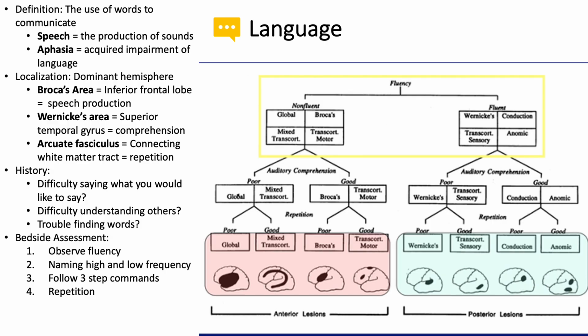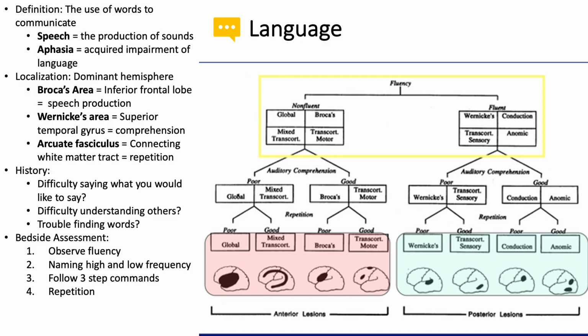Language is an important cognitive domain, not just for things like dementia, but in many other neurologic conditions such as stroke. So most of us, whether you're left-handed or right-handed, our language and speech centers are really left predominant. So if you have an injury, any injury to your Broca's area in your left inferior frontal lobe, you may begin to manifest difficulties in speech production.